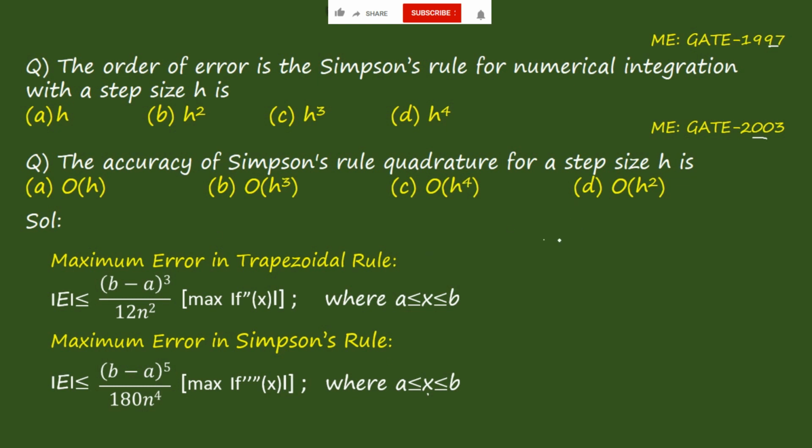As we know, h is nothing but the step size. h is equal to (b minus a) by n, where n is the number of intervals. So they are asking for Simpson rule.